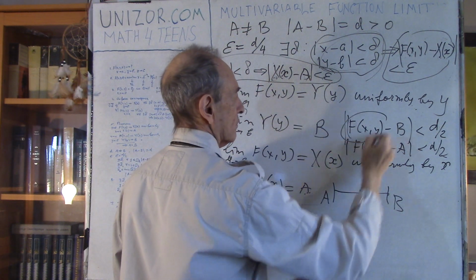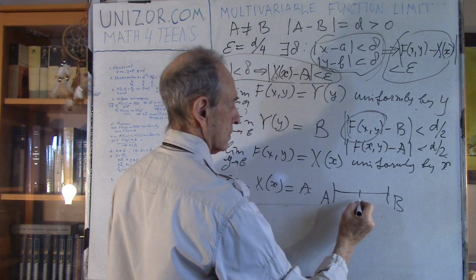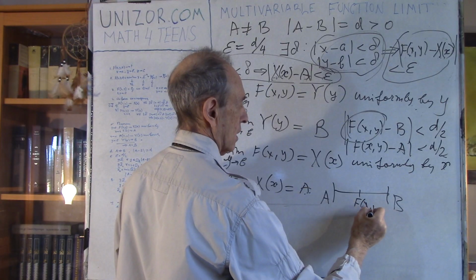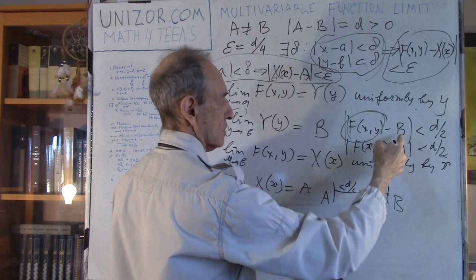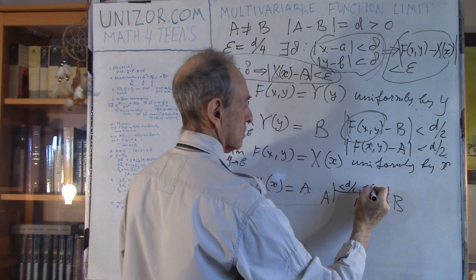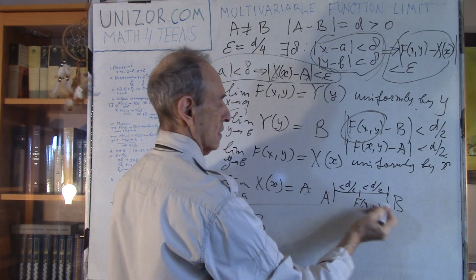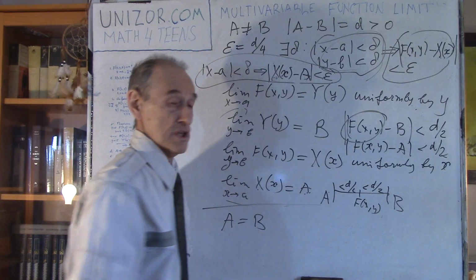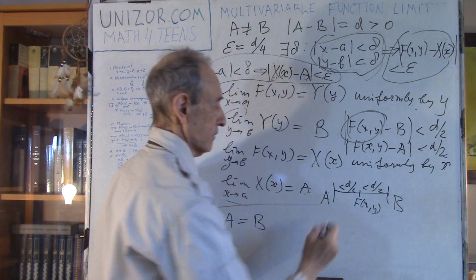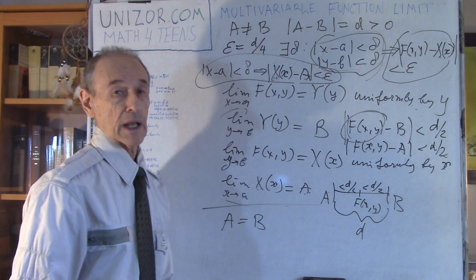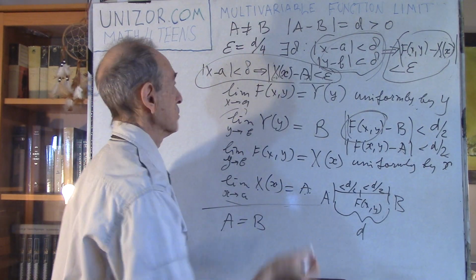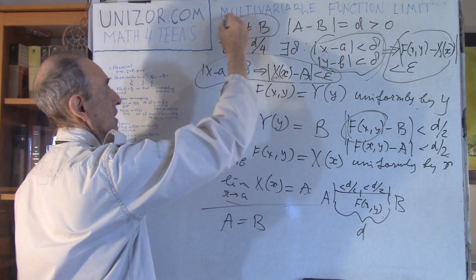So this value, f of x,y, should be closer, less than D over 2 to B, and it should be closer, less than D over 2 to A, on both sides, which is impossible, right, if the whole distance is D. And that's the contradiction we are looking for. And that's why A is supposed to be equal to B.